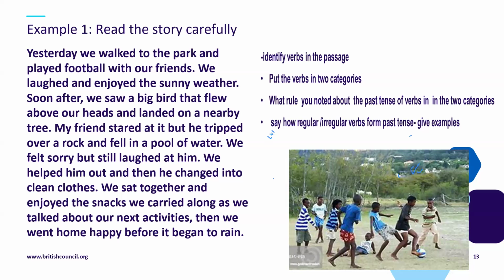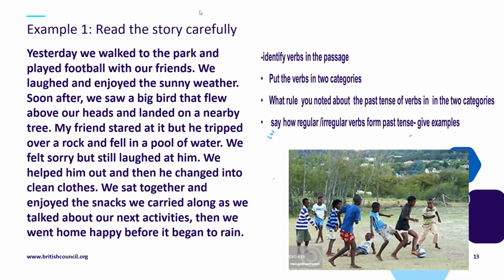So I believe from the chat box, we can see in the first category, most of us have identified walked, played, laughed, landed, stared, tripped, helped, changed, enjoyed, carried, and talked. In the second category, we have seen, saw, flew, fell, felt, and began. So thank you very much for your answers.